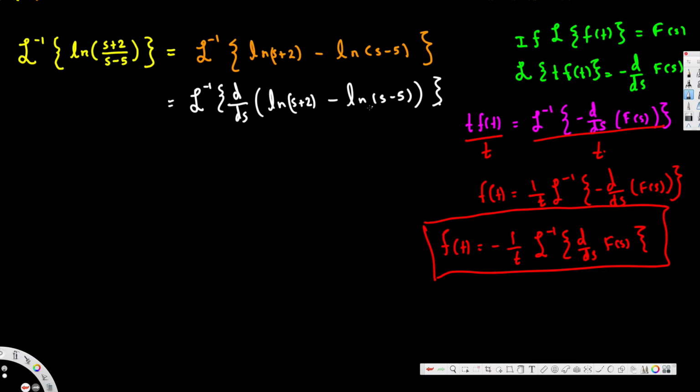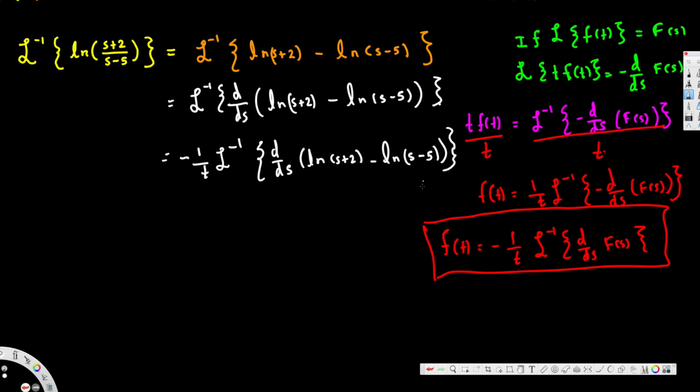After we take the derivative, bringing it into this format, it becomes negative 1 over t times the Laplace inverse of d by ds of ln of s plus 2 minus ln of s minus 5, where the derivative applies to both terms.